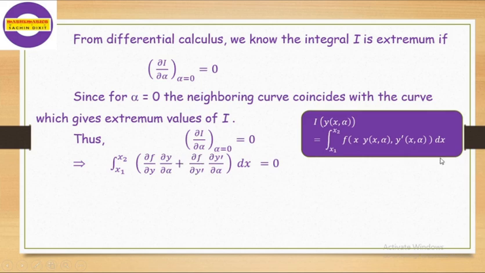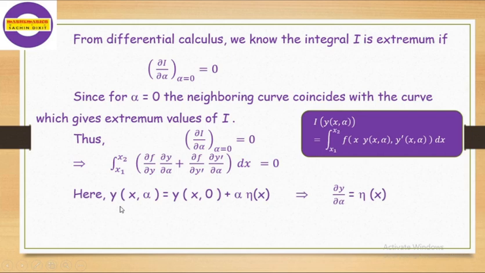Plus, again y dash is a function of alpha, therefore first we find the derivative with respect to y dash, that means partial f by partial y dash into partial y dash by partial alpha, into dx equals 0. That means to find the derivative of this with respect to alpha, we use differentiation under the integral sign and also the chain rule, equals 0.